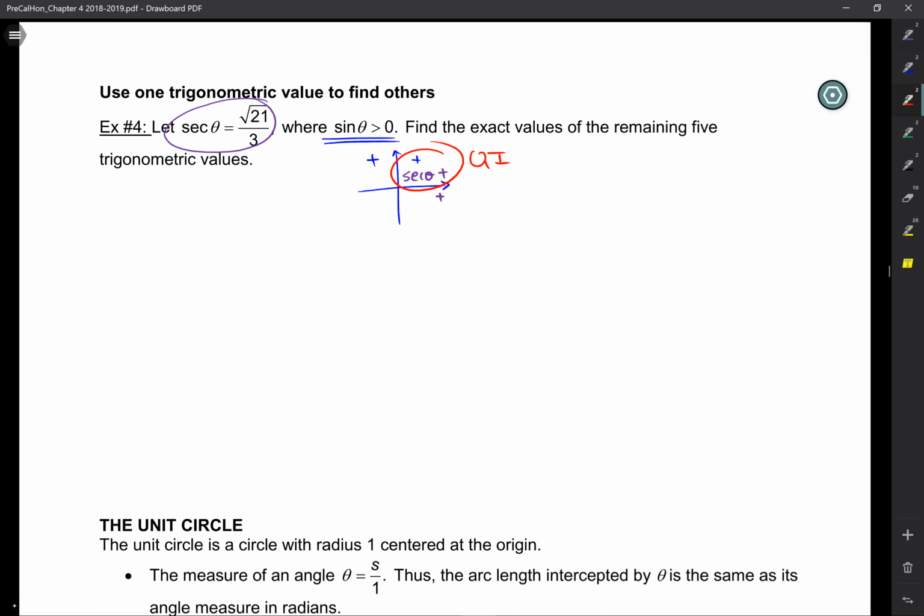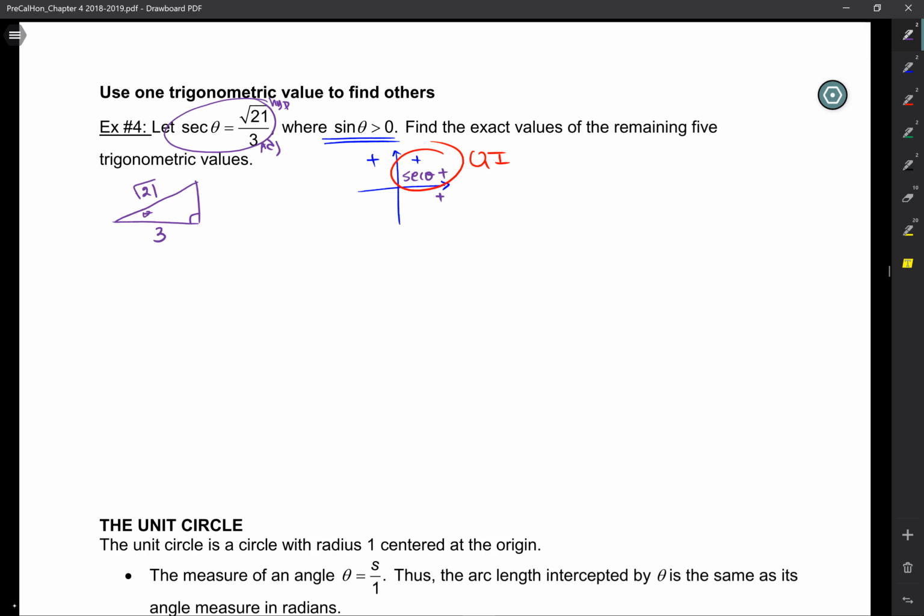Now, we are told that the secant of this angle is root 21 over 3. Now, secant is hypotenuse over adjacent, right? So if it's root 21 over 3, that means the hypotenuse is root 21 and the adjacent is 3.